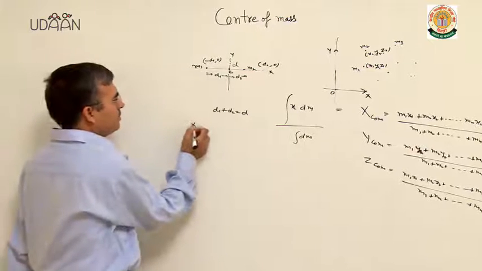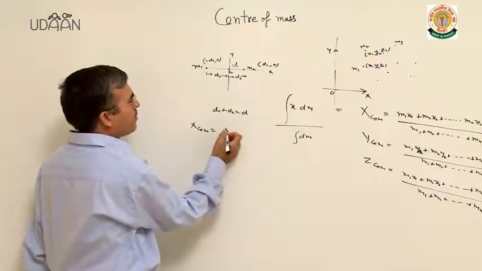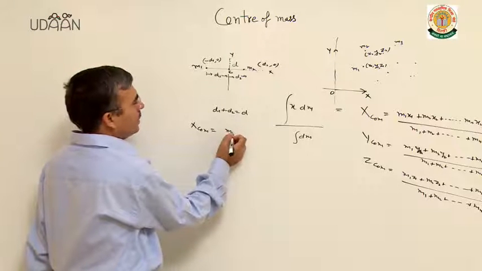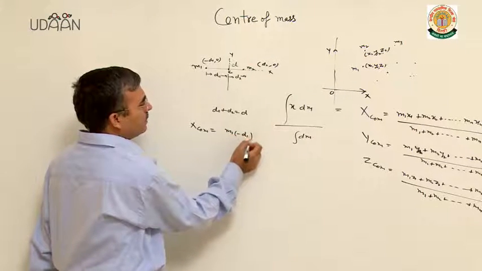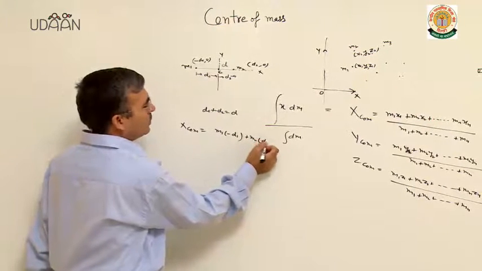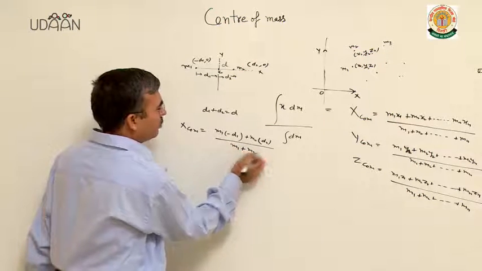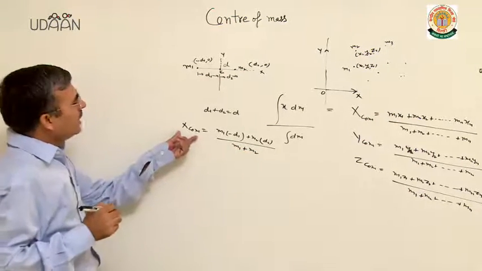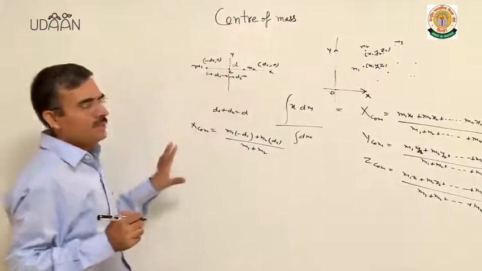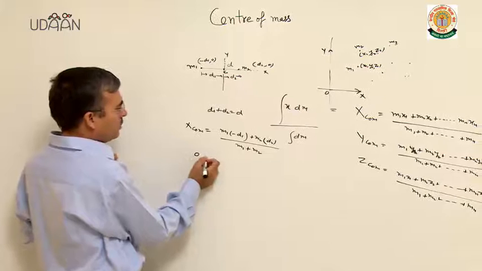So x COM will be equal to m1 into minus d1 plus m2 into d2, divided by m1 plus m2. But x COM is 0 because I have taken the center of mass as origin. So this will be 0.